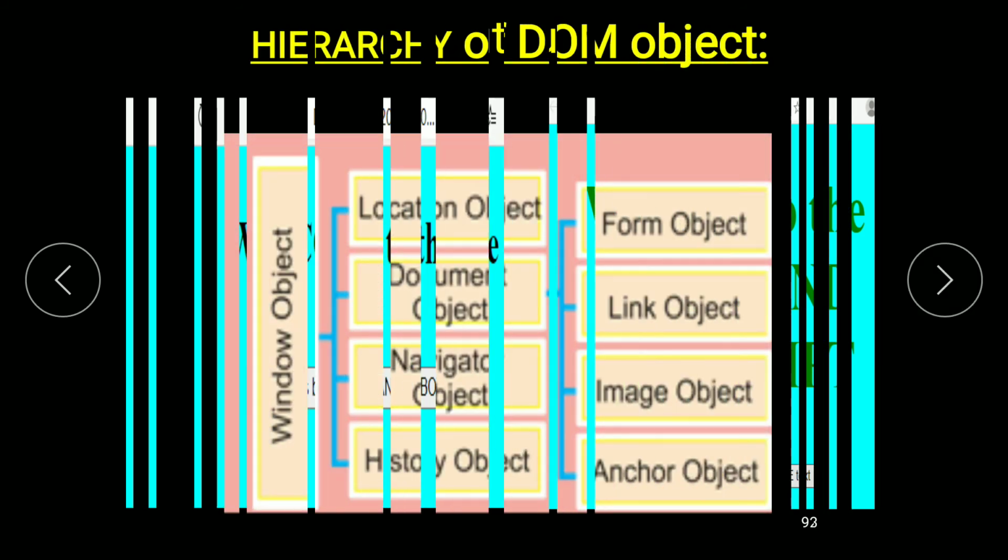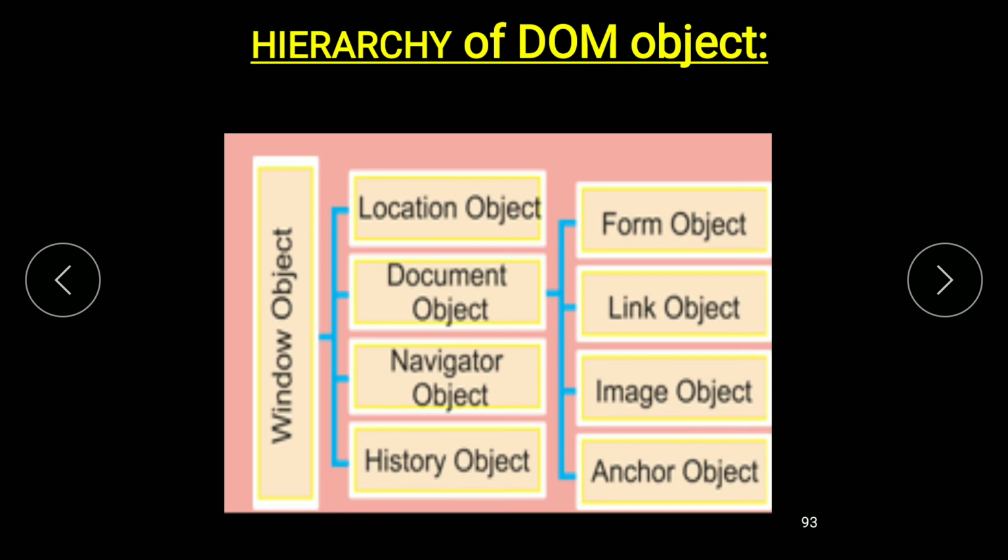Okay students, so I told you many times what the DOM is, the Document Object Model. It is the interface between HTML and JavaScript. Whenever your HTML program is opened or loaded in the browser, your HTML page is converted into the HTML document, right?